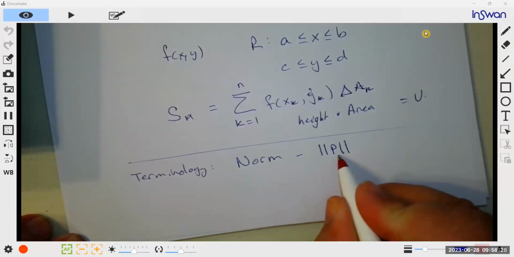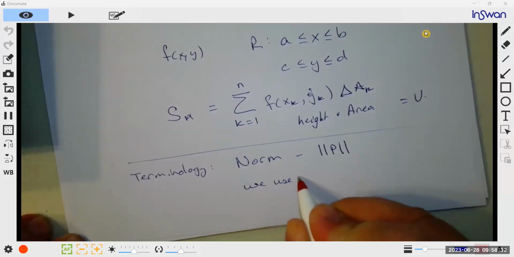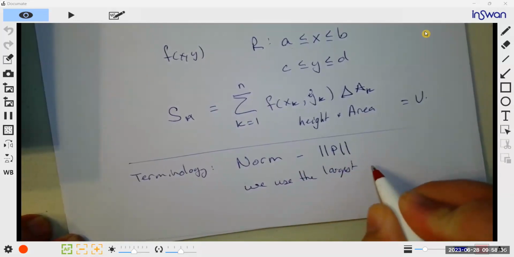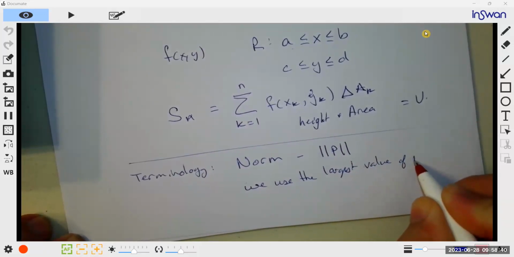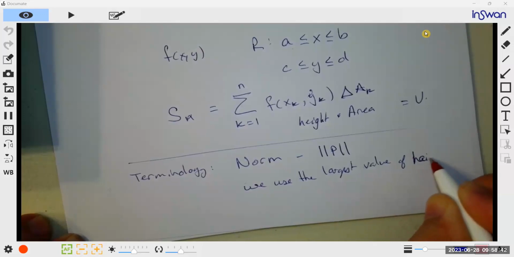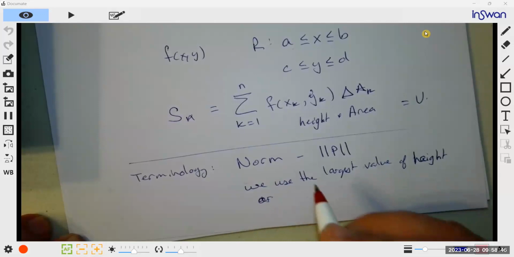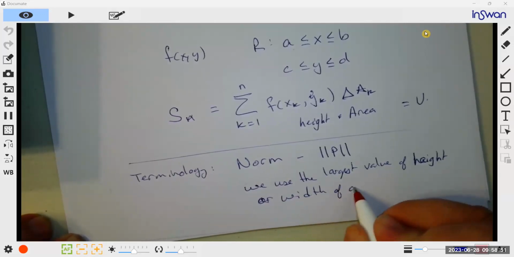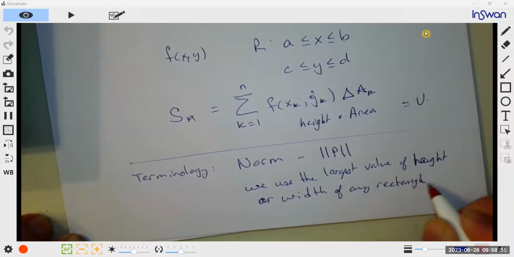What this says, whenever we use a norm, we use the largest value of height and/or width, whichever is larger, of any of the rectangles.